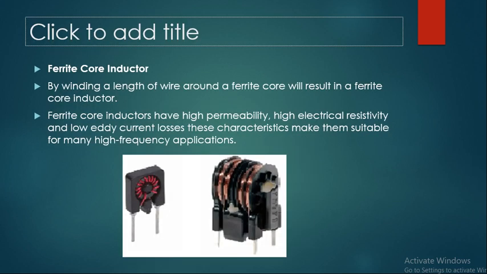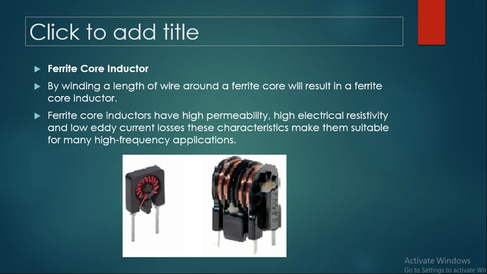The next type is the ferrite core inductor. Winding a length of wire around a ferrite core results in a ferrite core inductor. Look at the example. This is an example of a ferrite core inductor. Ferrite core inductors have very high permeability, high electrical resistivity, and low eddy current losses.